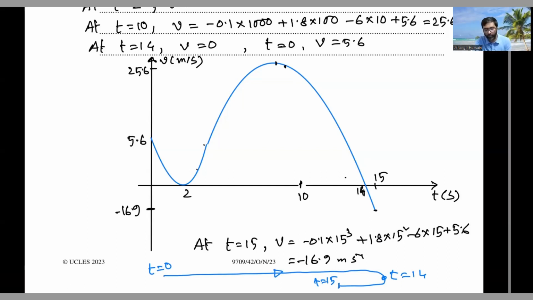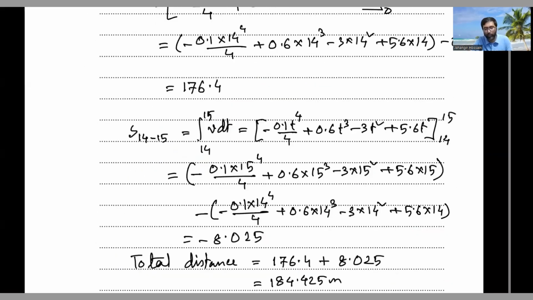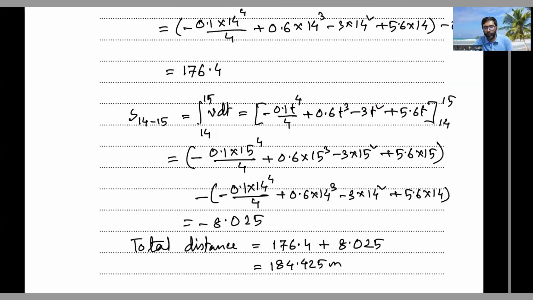So that's why from 0 to 14 we found the displacement, and 14 to 15 we found the displacement separately, and for 14 to 15 the displacement is negative. It confirms our assumption. Since we are calculating the distance, we take the numerical value of this and add it to the distance traveled. So that will give you the total distance traveled.